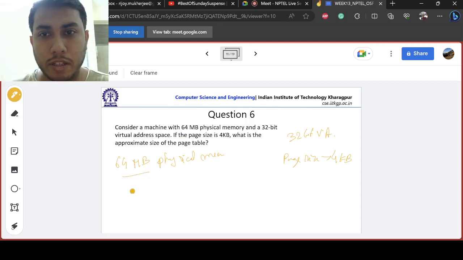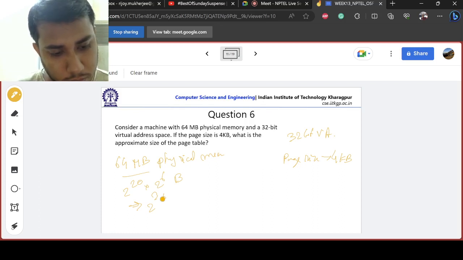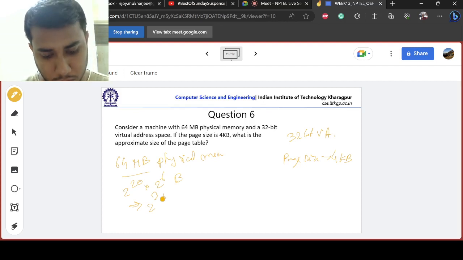Now, your physical memory is 64 MB. If we write it properly, it will be 2 to the power of 20 into 2 to the power of 6 bytes, that is 2 to the power of 26 bytes.